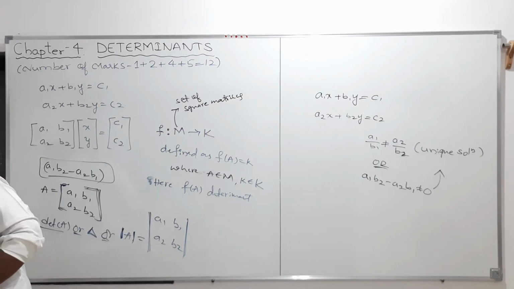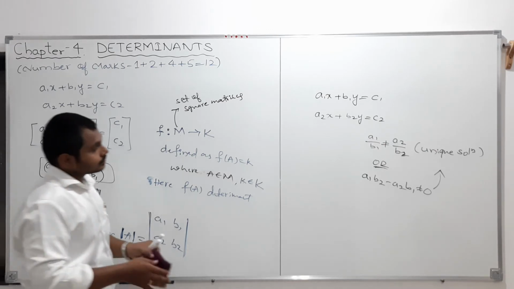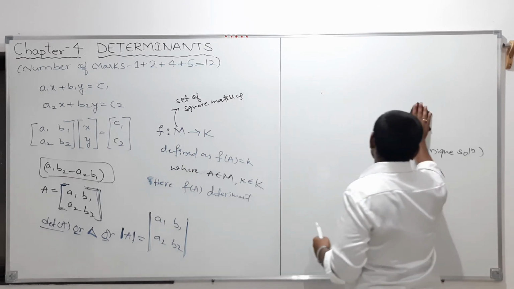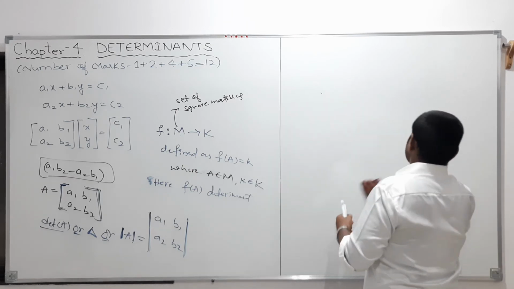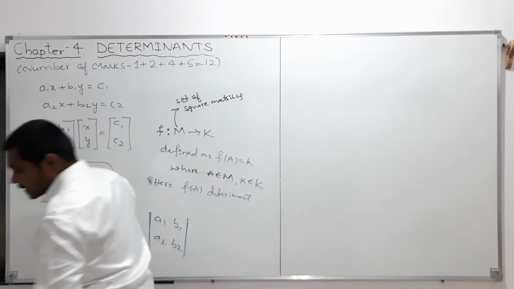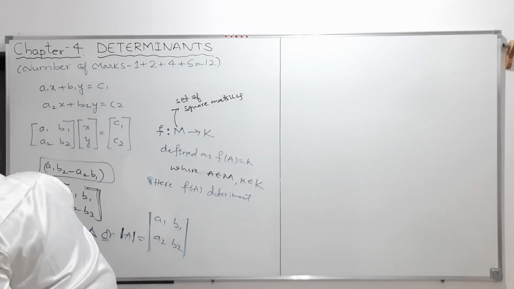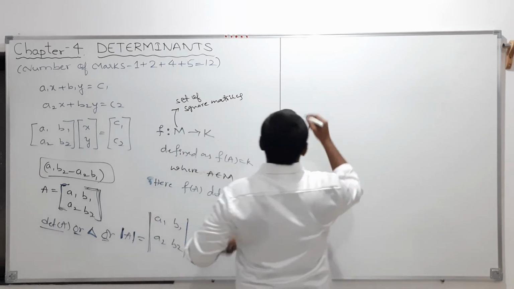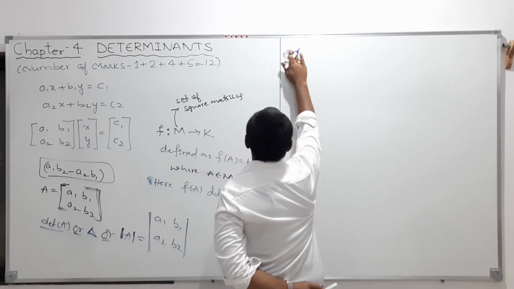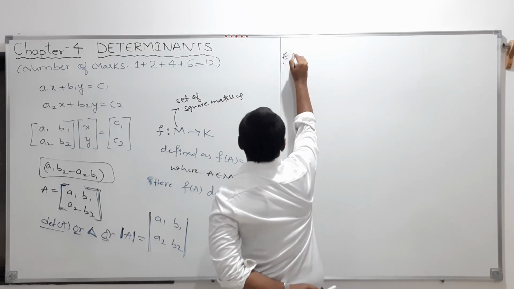My dear students, the first question I am going to discuss is: evaluate. Please pause the video to note it down. Write down the question, or you can take it as an example.